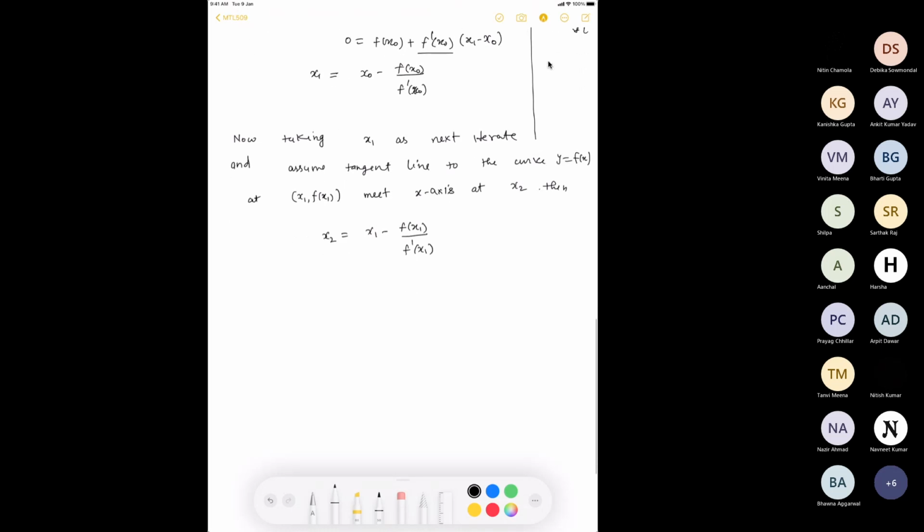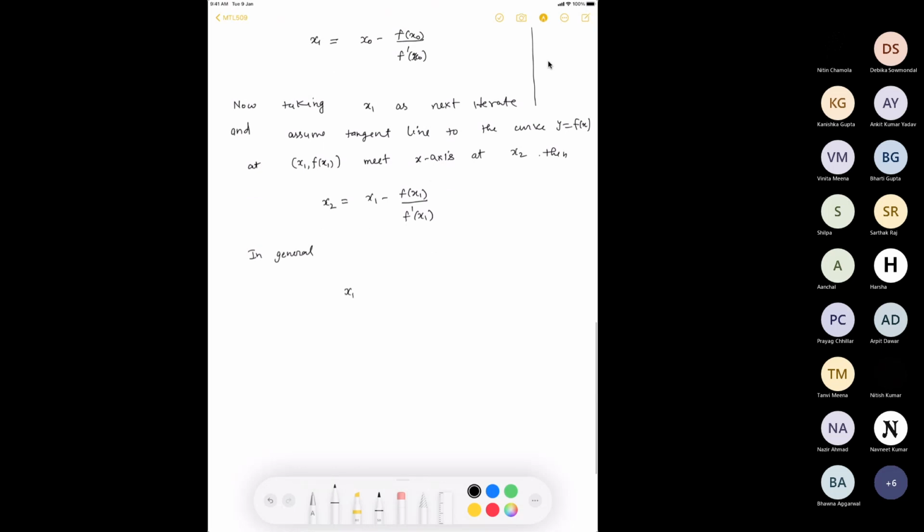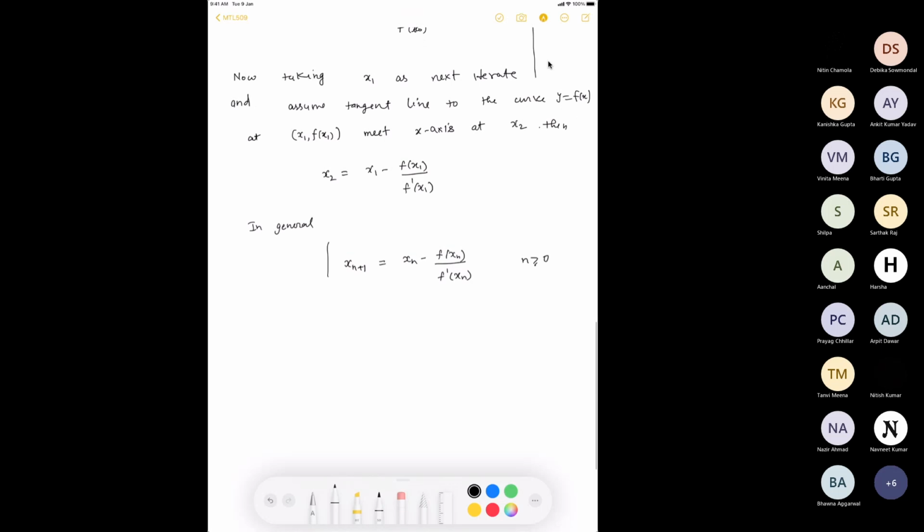If you continue this process, my (n plus 1)th iterate x n plus 1 is going to be x n minus f(x n) divided by f prime of x n. This iterative method is known as Newton's method.